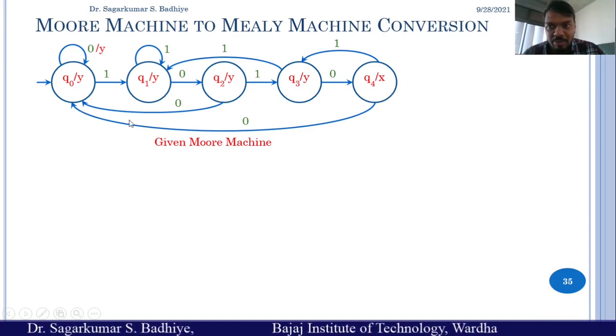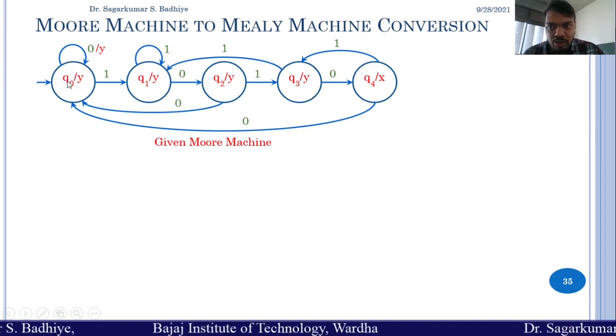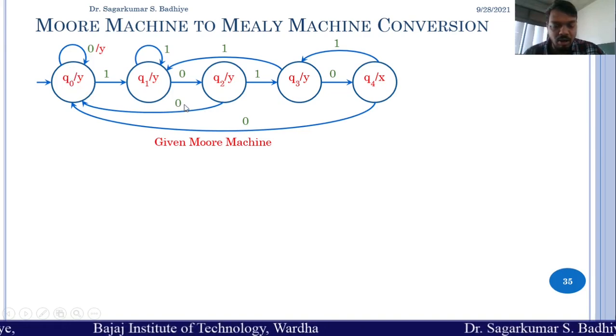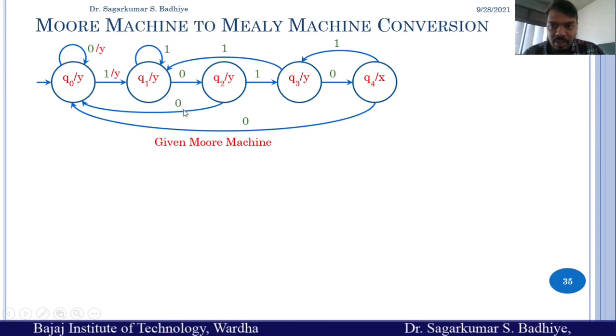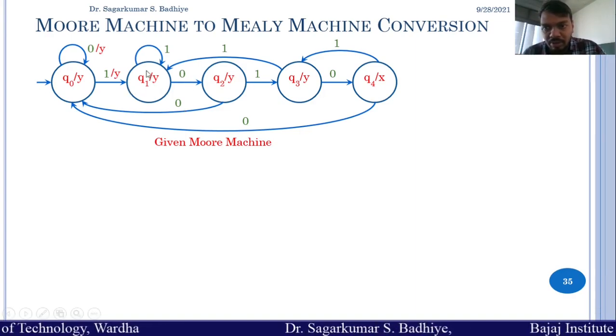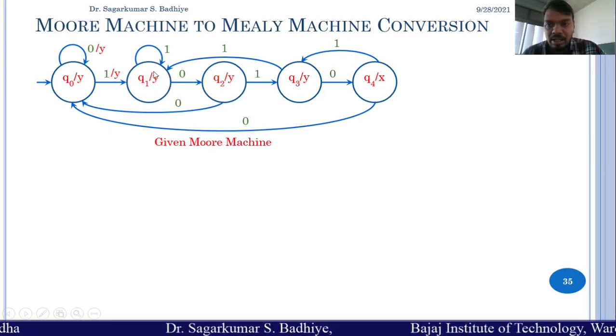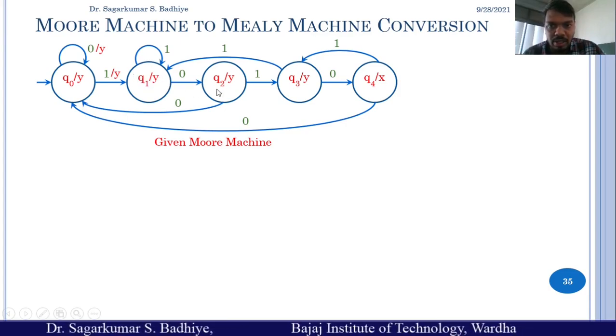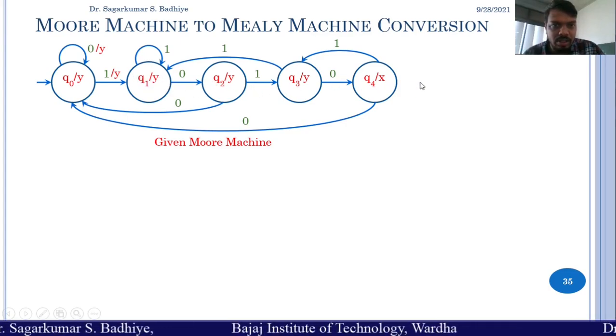So whatever is coming towards q0, just simply add the output of q0 on those transitions, right? Similarly for q1 also, we will add the output of q1 on all the incoming transitions towards q1, and the same is applicable to all the other states, right?